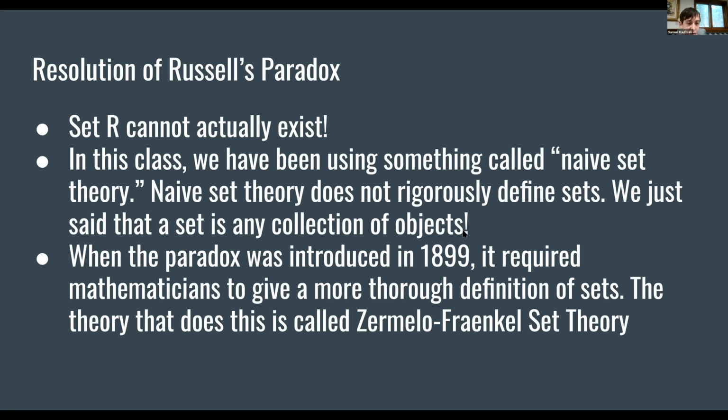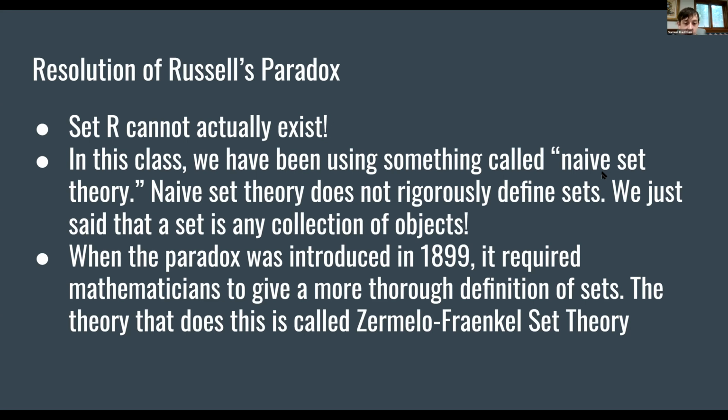And so when Russell came up with this paradox, mathematicians said this is a problem. We need to start over with set theory and define it better and come up with better rules so that we don't have paradoxes like this. The guys that invented, or I guess discovered, this new set theory were named Zermelo and Fraenkel.